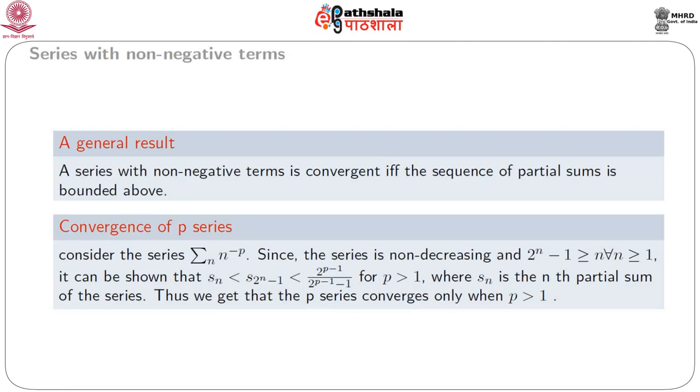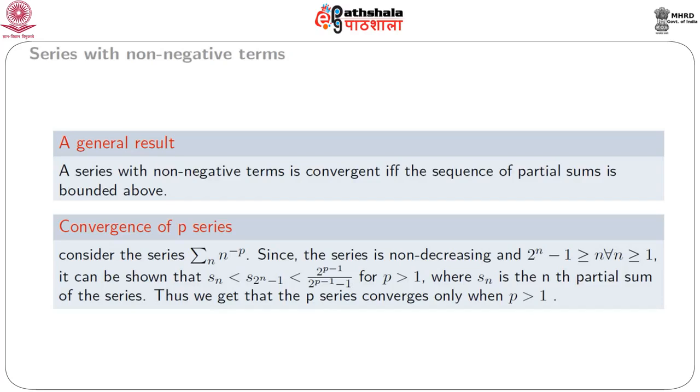And as usual, Sn is defined as the nth partial sum of the series. Thus, we get that the sequence of partial sums is bounded above for p greater than 1, and hence applying the above result, we get that the P series converges only when p exceeds 1.